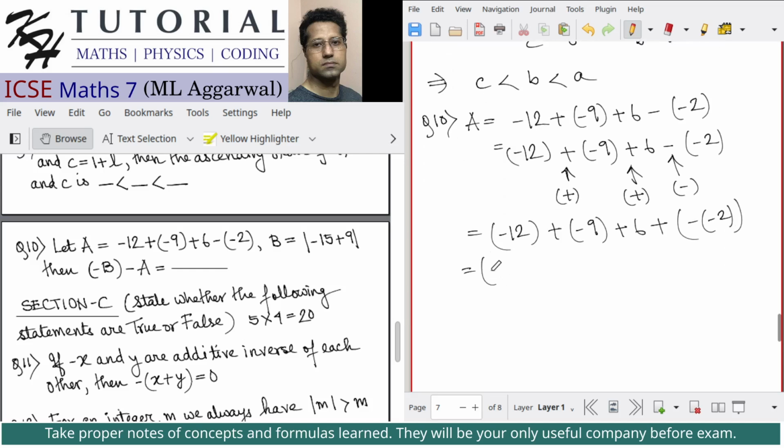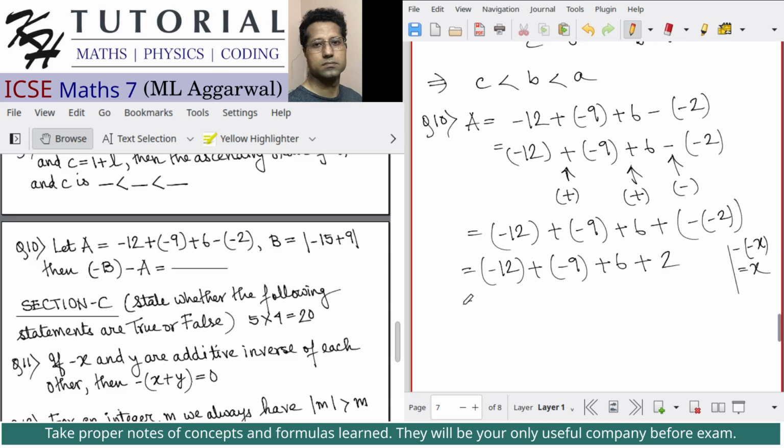Negative of minus 2 is 2. We know that for any integer x, negative of negative x is always x.